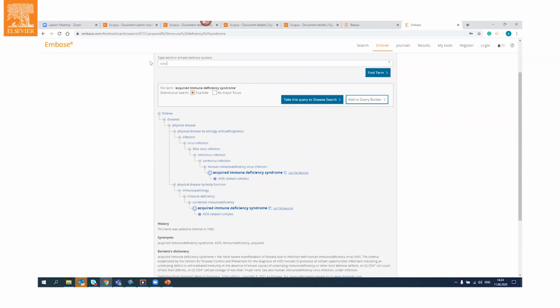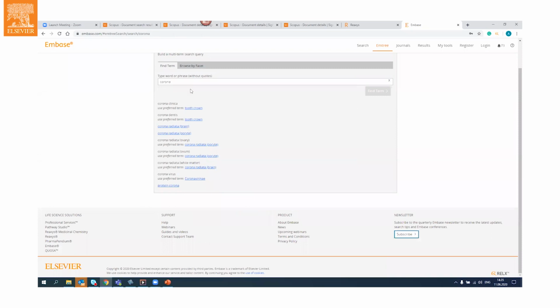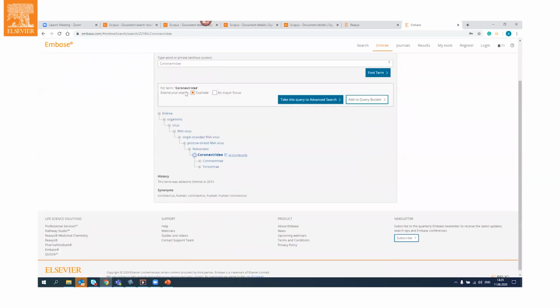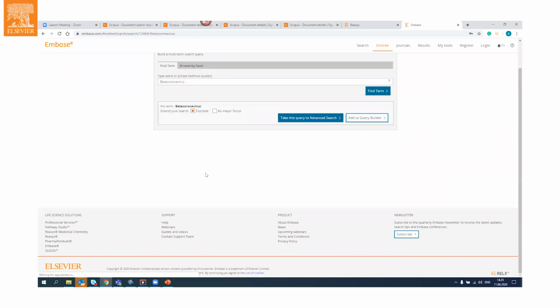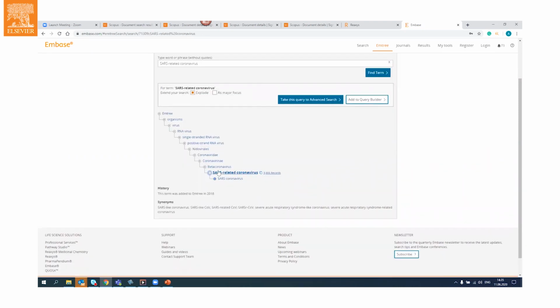What about coronavirus? If we go to Coronaviridae, we will see that we have several beta coronaviruses, including beta coronavirus 1, Middle East respiratory syndrome coronavirus, and SARS-related coronaviruses.